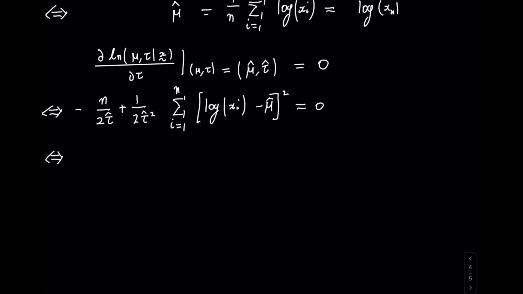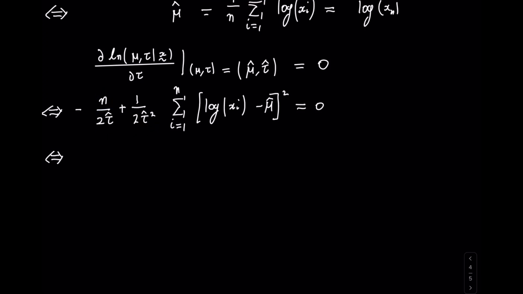Now, first point of action is to note that if we multiply both sides by tau hat squared, in fact, 2 tau hat squared for that matter, we can remove the fraction completely here, and we can also remove the fraction here, and we'll be left with a factor of tau.